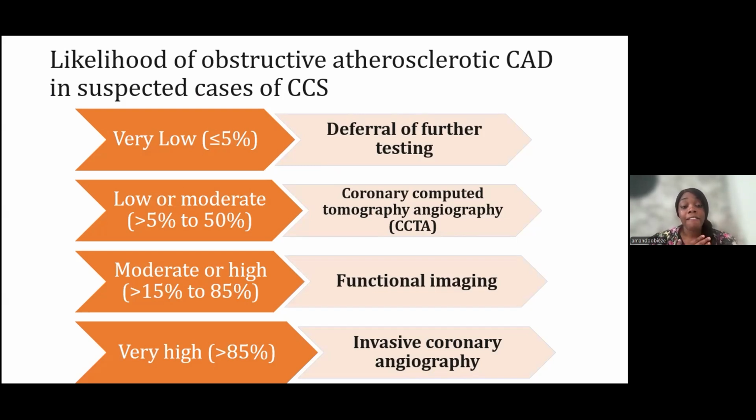For patients that have very high likelihood, you go on to do an invasive coronary angiogram, or for people with moderate or high likelihood would have functional imaging. And for patients, if he had a very low risk of CCS, then it would have been okay to defer further testing. But obviously the GP didn't use this model, and that's probably why this angina was missed. Next, please.